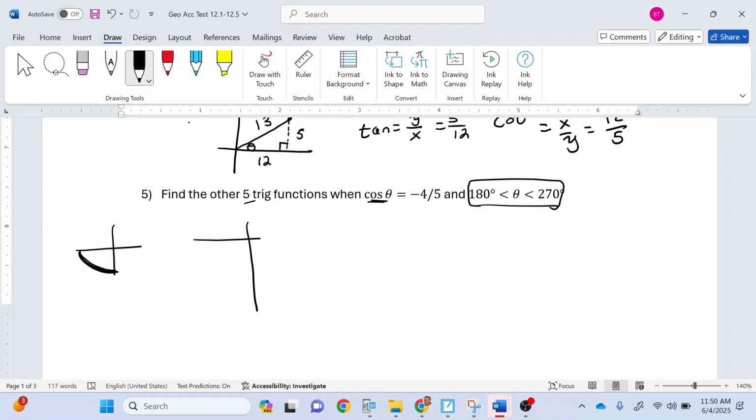Cosine should be x over r, which is -4 over 5. So I know I'm going -4 to the left, and I know whatever my r is going to be 5 long. Your theta should always be touching the x-axis, okay?